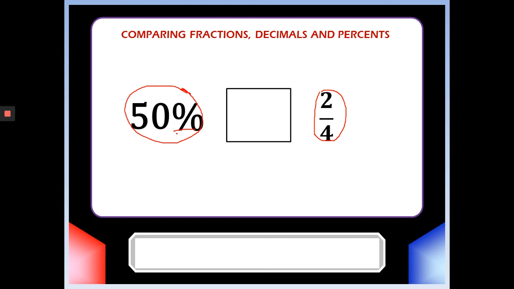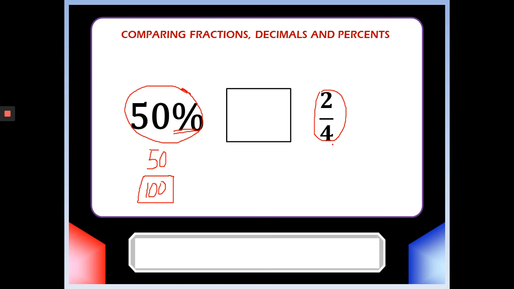Because percent is expressed as a fraction of 100. So 50%, to make that a fraction, is 50 of every 100, or 50 out of 100. Then that's the fraction. We will not reduce this to the lowest term because we have to have the denominator 100.